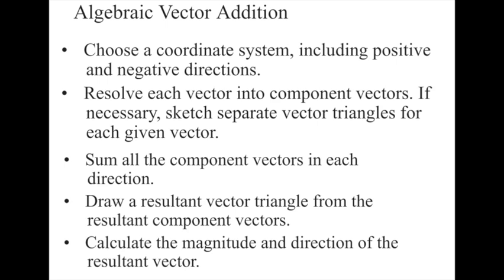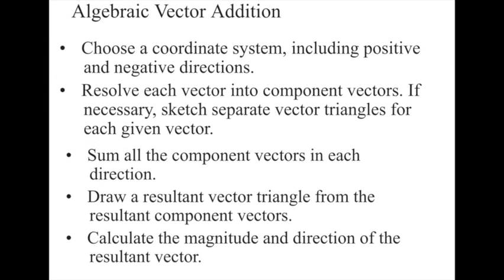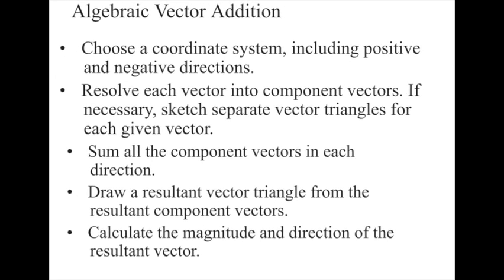What happens with vectors that actually affect each other is that you have 2 different vectors that are acting independently of each other, but they are then affecting each other. For example, you have an airplane flying at a specific vector. You have a wind blowing at a specific vector.